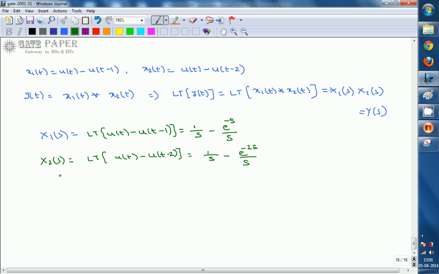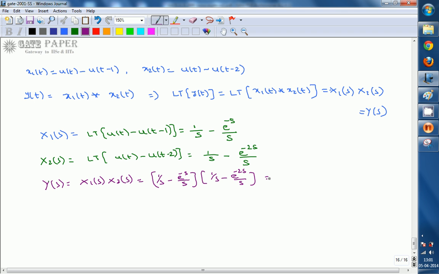Now finding y of s, we know that it is x1 of s into x2 of s, that is e power minus s by s into e power minus 2s by s.